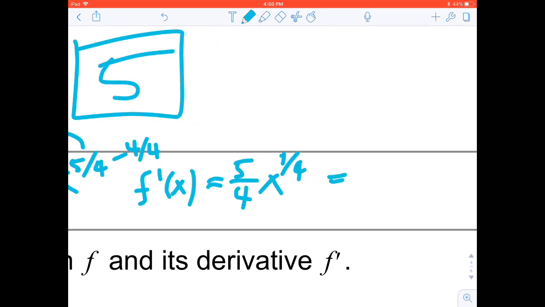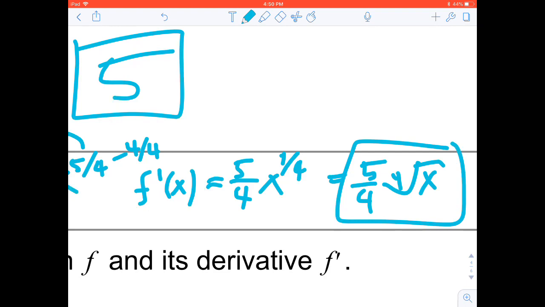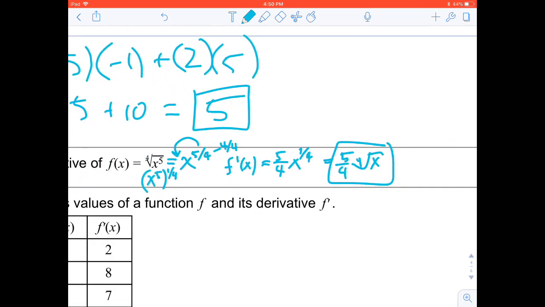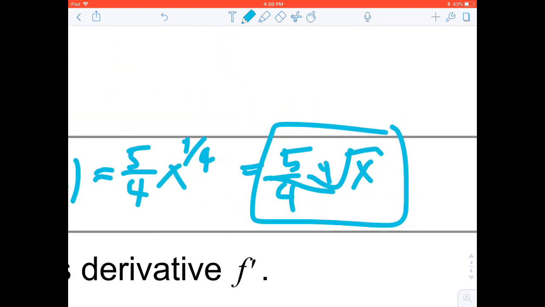I can rewrite this as a 4th root, like that. And that's our answer there. You can write it in the numerator, or do a fraction like that if you want. It's going to go in the numerator because it's not a negative 1/4, it's a positive 1/4. But that will be our answer there.